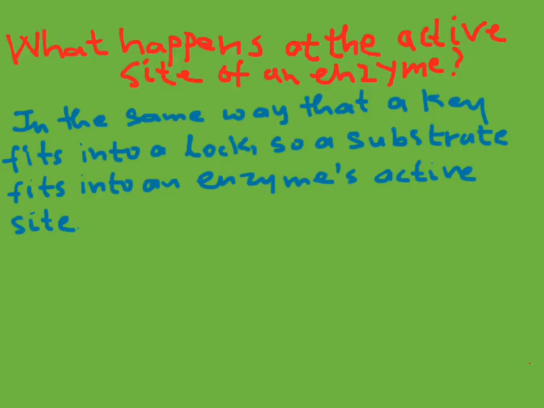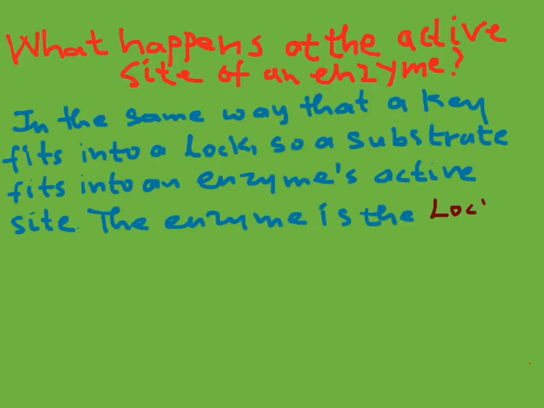Take the key of a particular lock, open the lock, then take the same key to open the other lock. You will realize that that key will not be able to open the other lock, because that key is meant to open just a particular lock. In other words, the key is specific to the lock it was fabricated to open. That is why enzymes are specific to particular substrates.